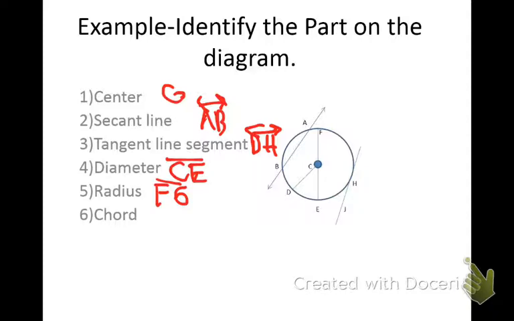We could do CE, which is the same as the diameter, could be a chord. You could say, instead of line AB, segment AB. That means it ends at A and B. That would be another possibility for a chord. All right, any questions?